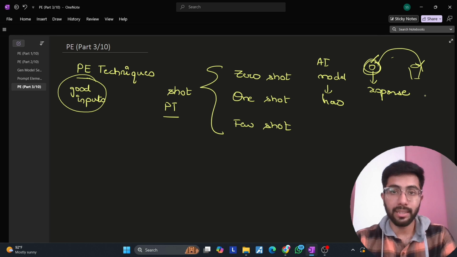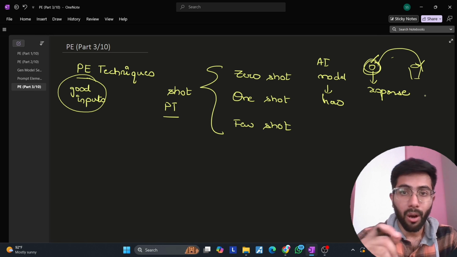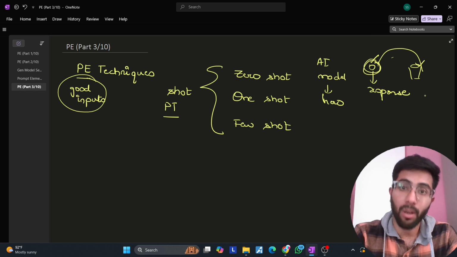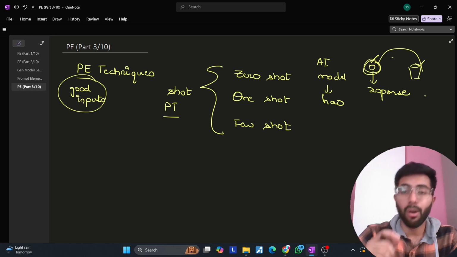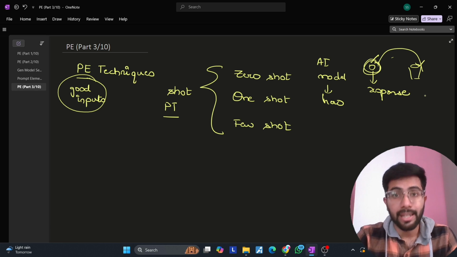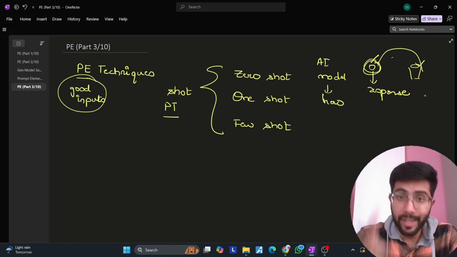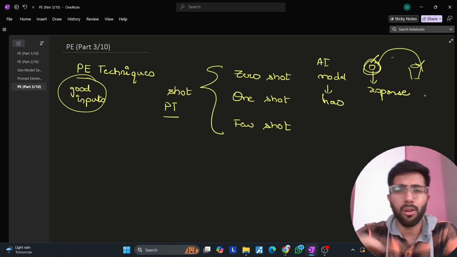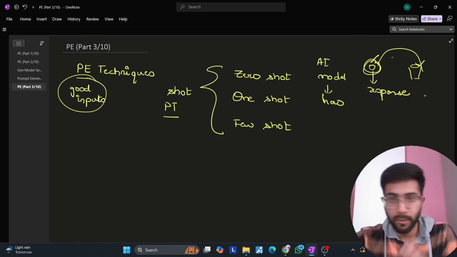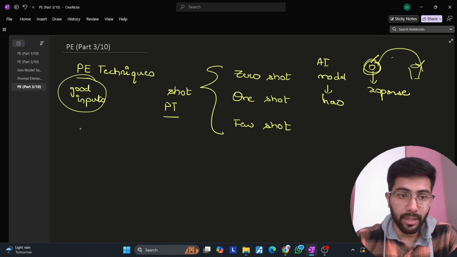With this analogy, can the hero always throw the stone into the glass in the first attempt, or can the AI model always give you the correct or good output in your first attempt? It's up to the AI model, right? So if you get the required response in the first prompt itself, see, in prompt engineering it's all about you giving inputs.